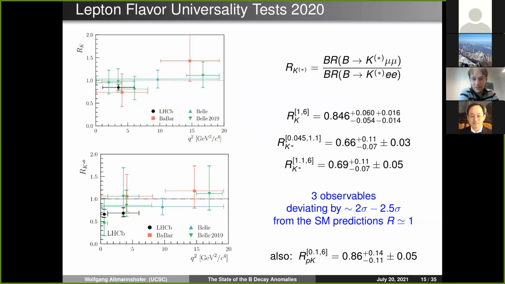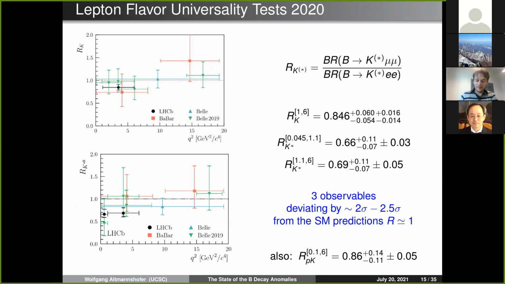There were measurements of Rk in one q-squared bin from 1 to 6 GeV squared, and then 2 bins in the case of Rk star, one very low q-squared bin below 1.1 GeV squared, and the other one from 1.1 to 6 GeV squared. And all those measurements were low compared to the standard model prediction, which is around 1.